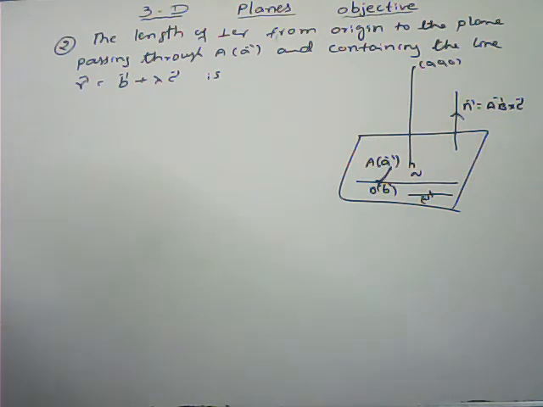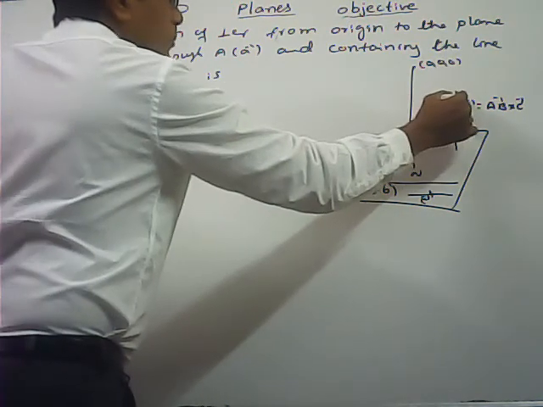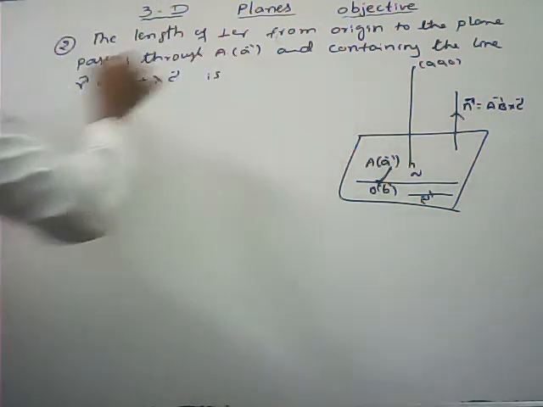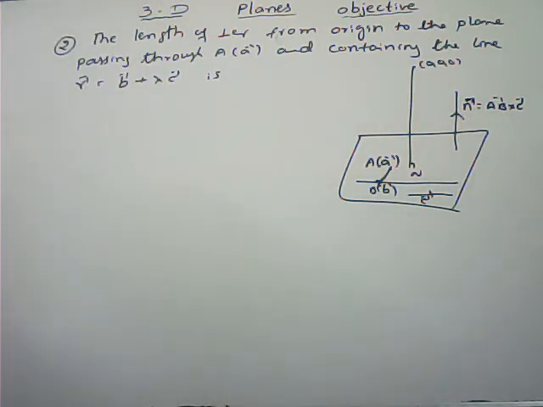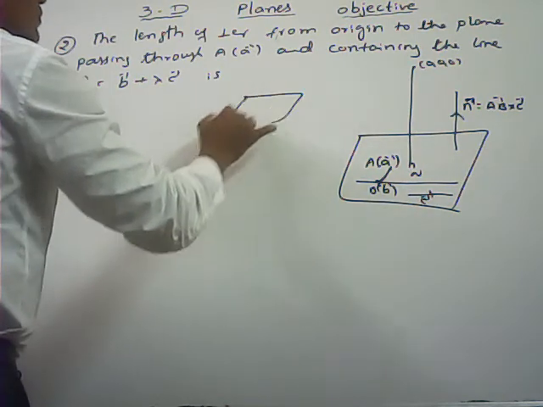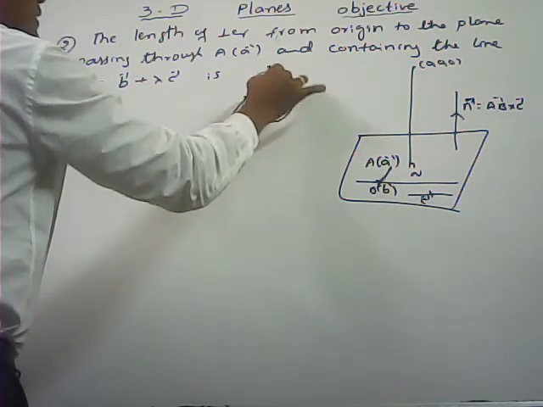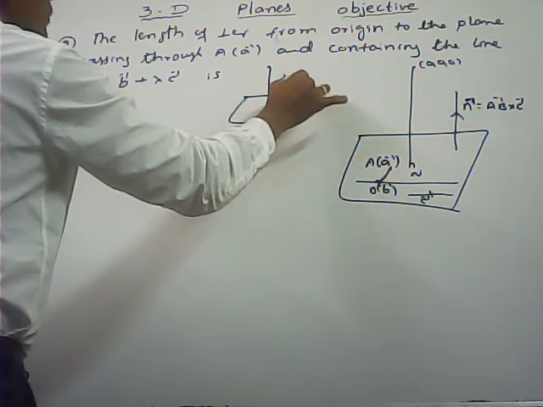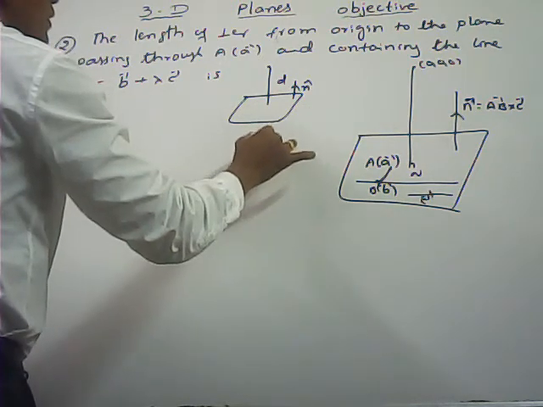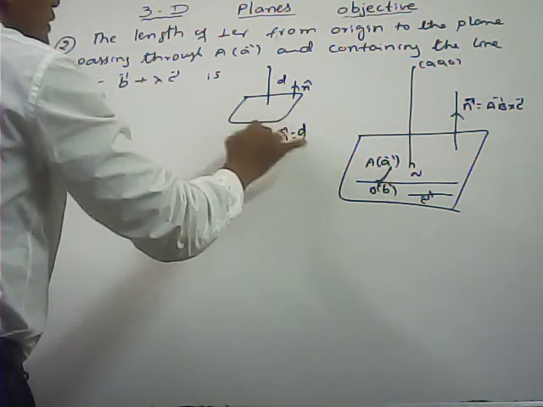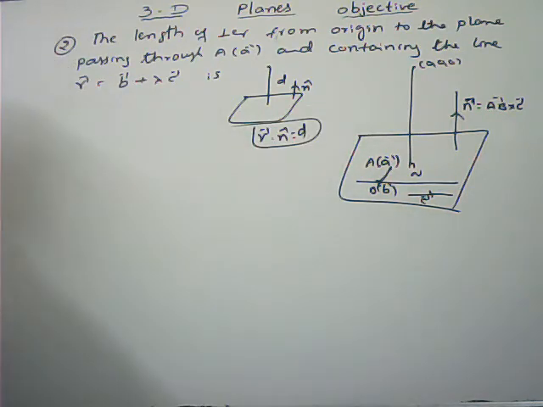So here we got n bar. And what about the normal form of the plane? The perpendicular distance from the origin to the plane is D, and with a unit normal vector n cap, the plane is r bar dot n cap equals D. Already we discussed this in the theory part.